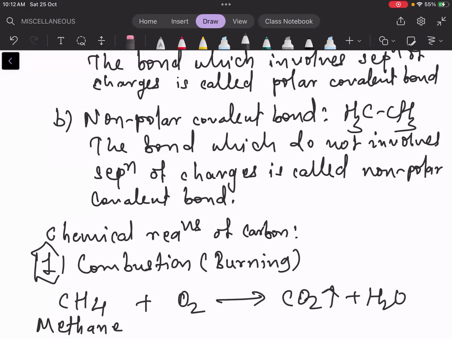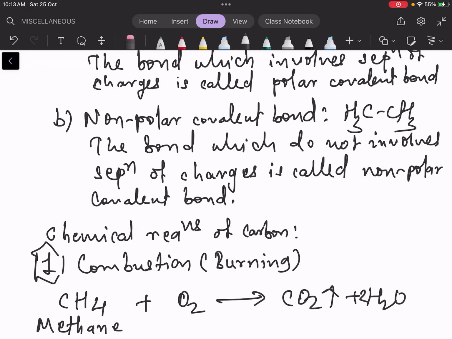Whatever the number of carbon atoms, that much CO2 is formed. Whatever the number of hydrogen atoms, divided by 2, that many H2O molecules are formed.